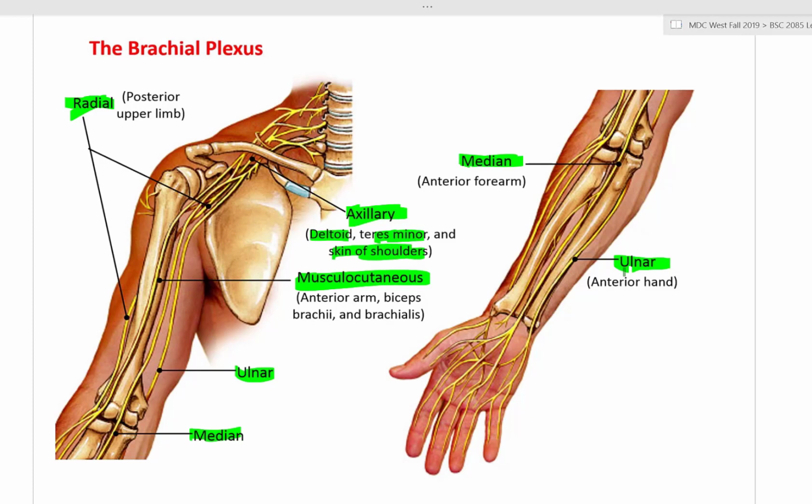Now, on the other hand, you have your radial nerve. The radial nerve, if you think about it, is just the same anatomy, right? It goes all the way to your radius. So it goes on the triceps, to the back of the arm, all the way to your radial bone. So that's the radial nerve. The ulnar nerve is the innermost, the one that is more medially located.